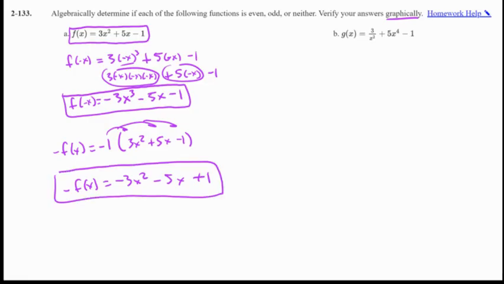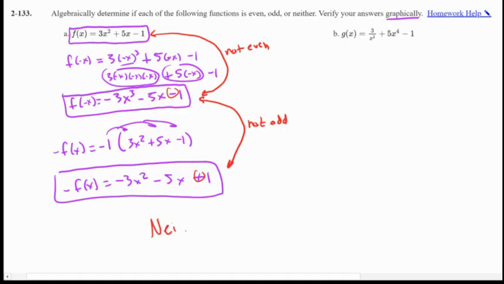Now, if these first two are equal to each other, that's when we say it's even. Obviously, they're not because some of them have flipped signs, so not even. Then I'm going to compare these two here to see if we get an odd function, and because we can see that this final sign here is not the same, we say that it's not odd, and therefore it is neither.